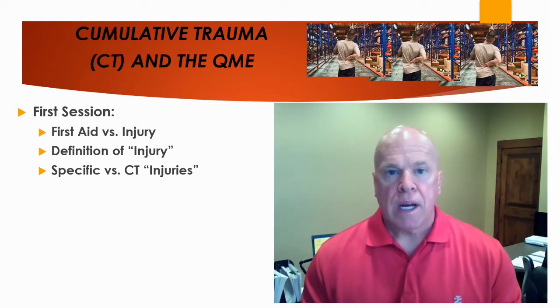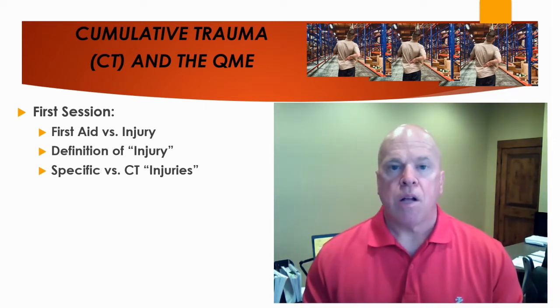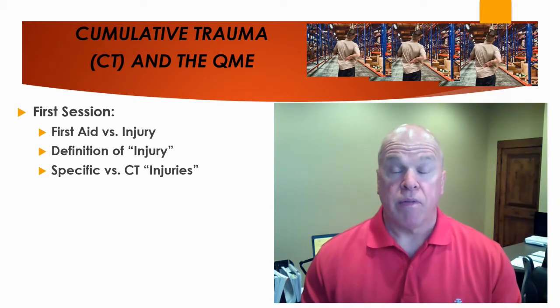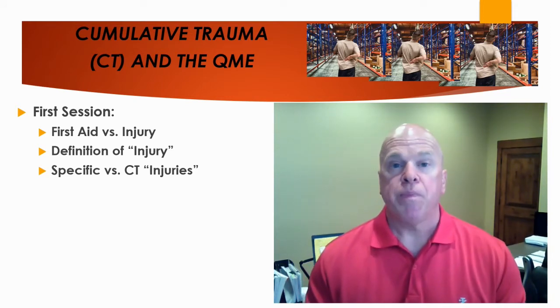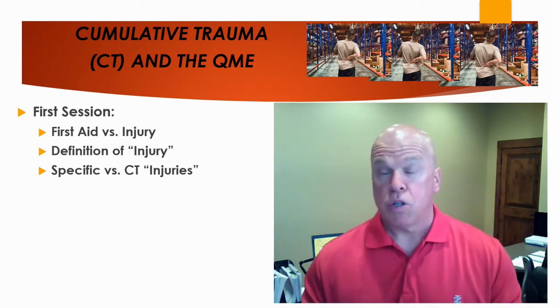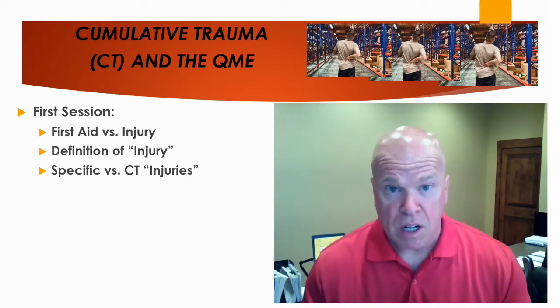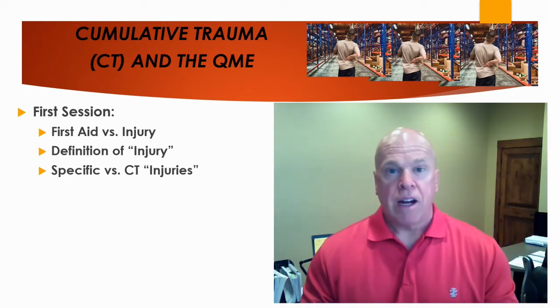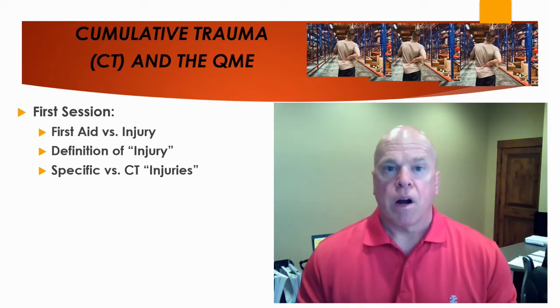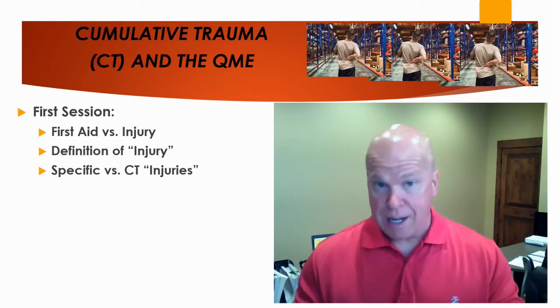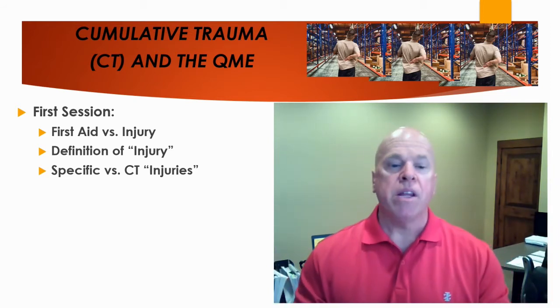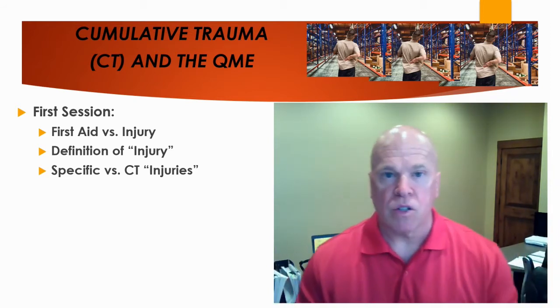And once we identified what actually constitutes the difference between first aid treatment, which does not qualify as an industrial injury, versus those situations that do qualify as an industrial injury, that understanding began with our clarification of our understanding of what actually constitutes an injury in the California workers' compensation system.